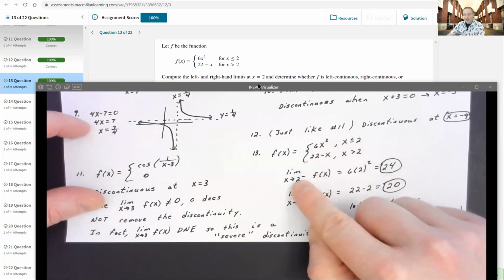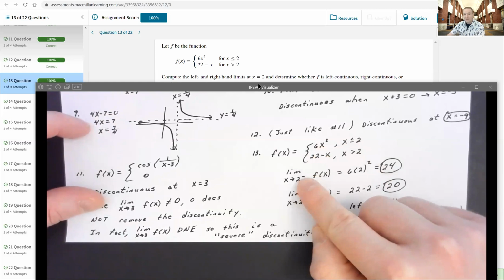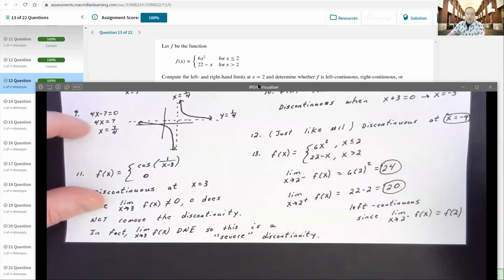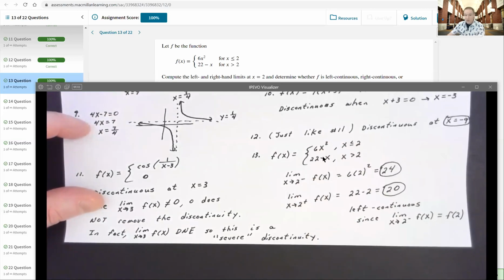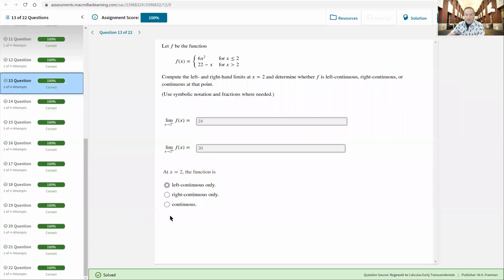So the limit as x approaches 2 from the left is the same as f of 2, so it is left continuous. Now the right-hand limit, I would have to plug 2 into this equation, but that is not the same as f of 2. You would have an open circle at the ordered pair (2, 20), whereas you'd have a closed dot at the ordered pair (2, 24). All right, so left continuous only there.